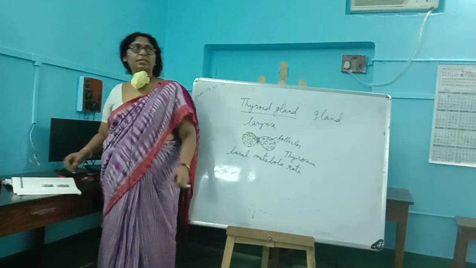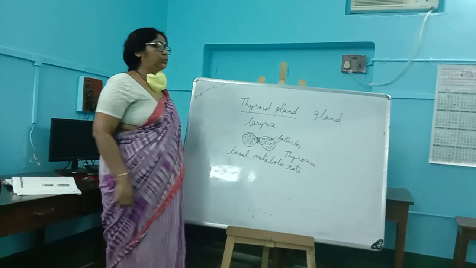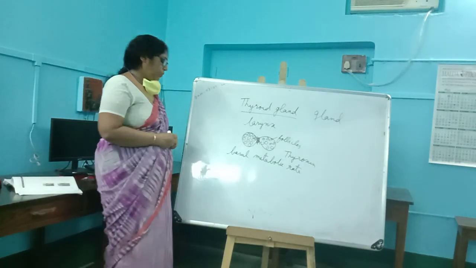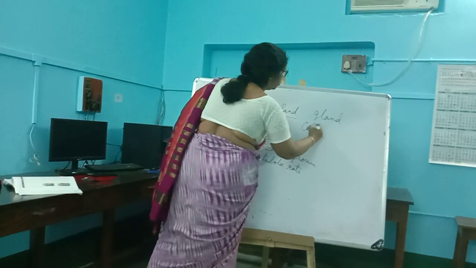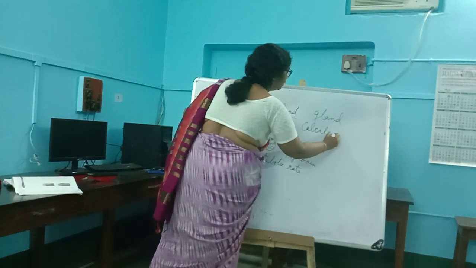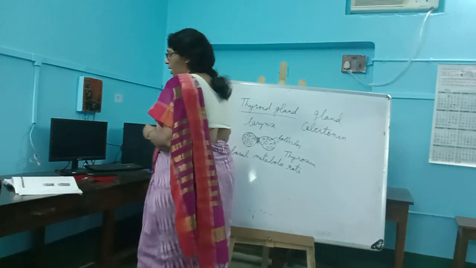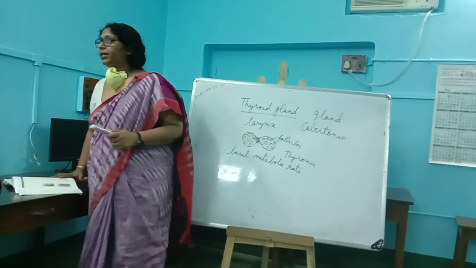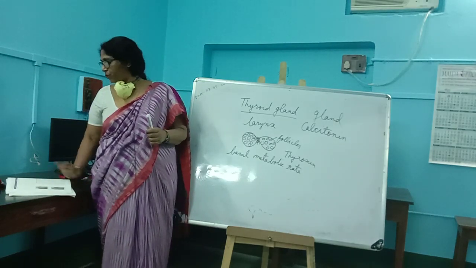Now, other than thyroxine, there is one more hormone which you have to keep in mind, that is called calcitonin. Now, what does this calcitonin do? This calcitonin will control the calcium level in your blood. So two hormones are coming out.